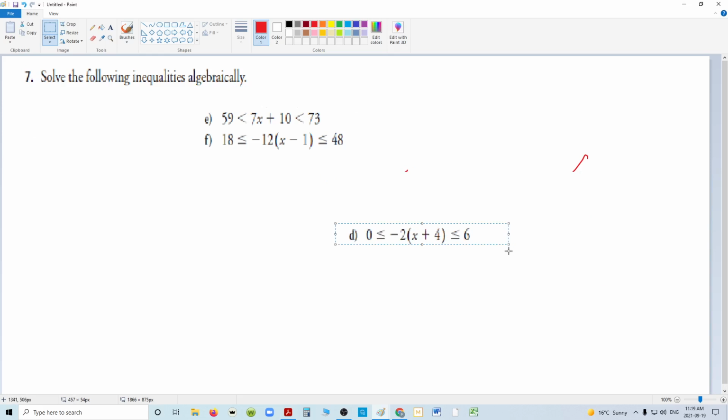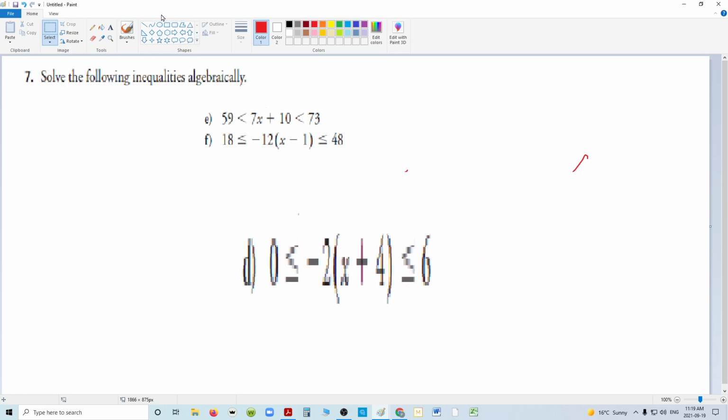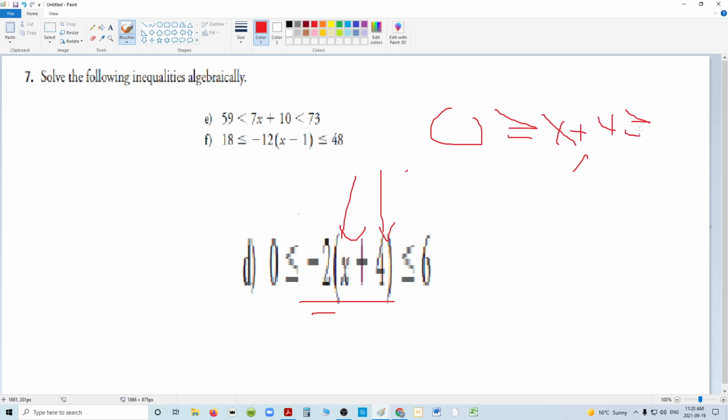Same thing here. You have to distribute the middle before you can start subtracting. Don't think you can subtract the 4 as a start, even though that seems like reverse BEDMAS. This still fits into BEDMAS. The brackets are there. So you have to divide everything by negative 2 first, because this bracket is treated as a married unit. When I divide everything by minus 2, I have to switch the sign. So I get 0 is bigger or equal to x plus 4, which is bigger or equal, and what's 6 divided by minus 2?